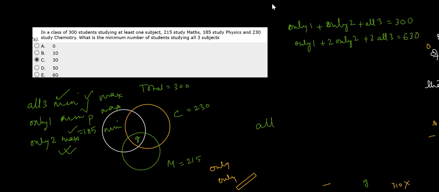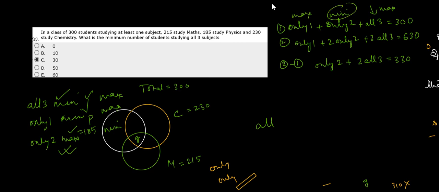I subtract equation 1 from equation 2 as I did before, so only 2 plus twice all 3 is 330. So when all 3 would be maximum, only 2 would be minimum, and only 1 would be maximum.